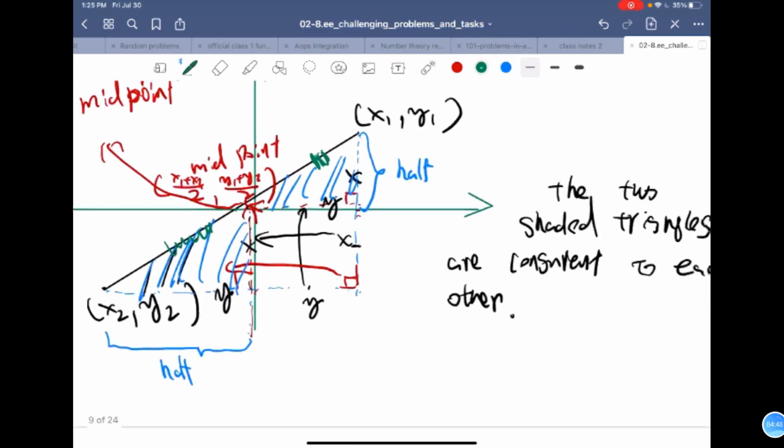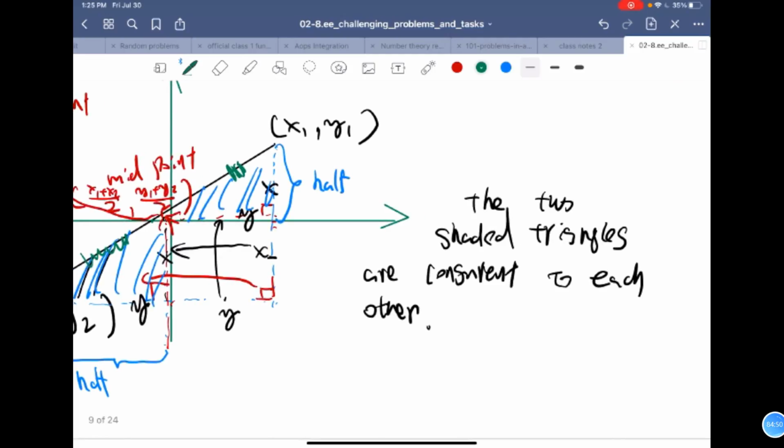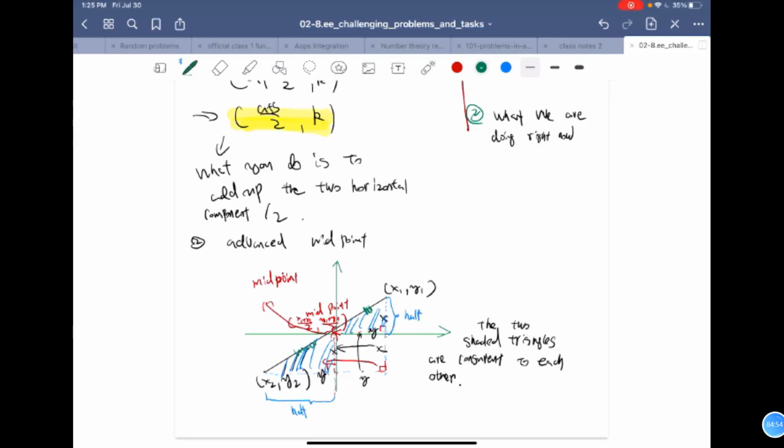Now I want you guys to prove it through Pythagoras theorem. The what? Wait, can you zoom in a bit?